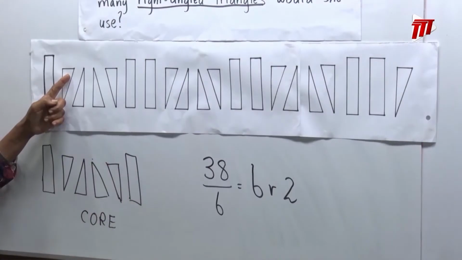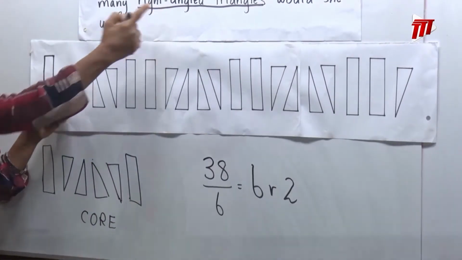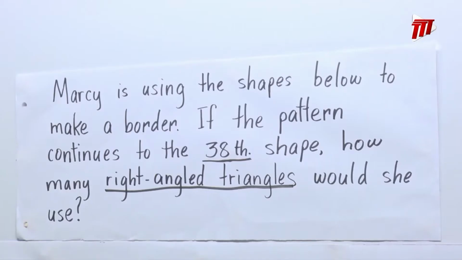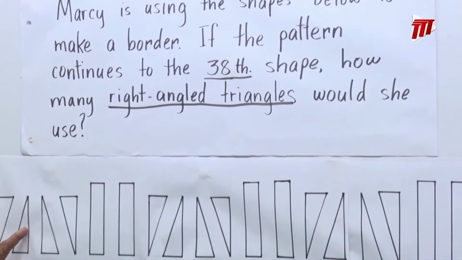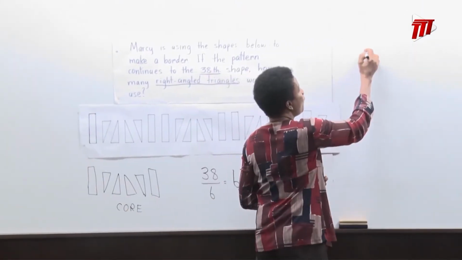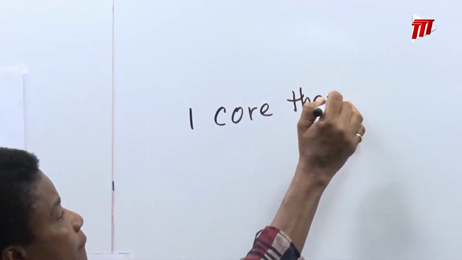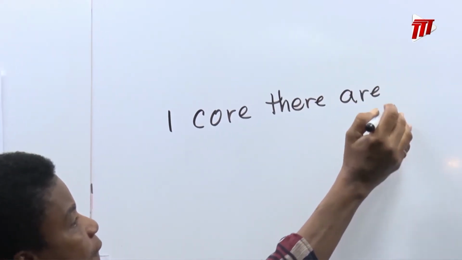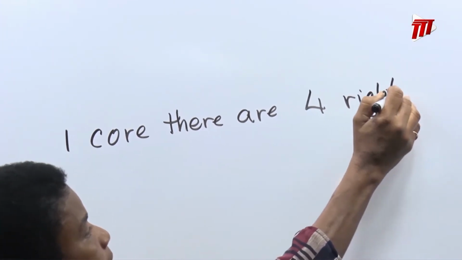1, 2. But that's not all. The question asks, how many right-angled triangles? So let's find out how many right-angled triangles there are in each core. 1, 2, 3, 4. So in one core, there are 4 right-angled triangles.